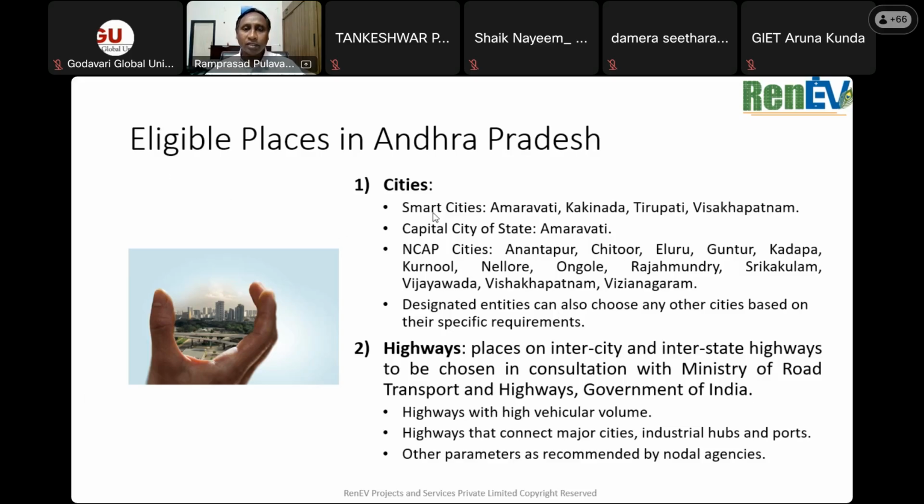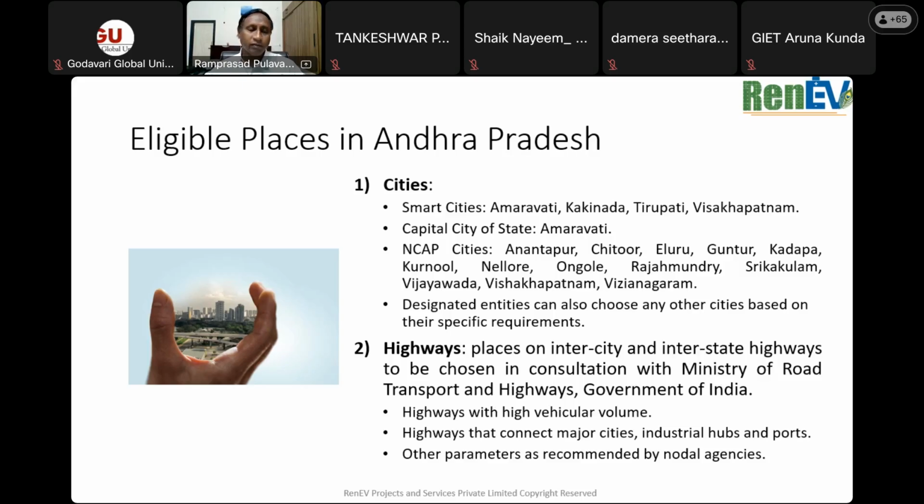Cities are over. Next is highways. Chargers can be placed on interstate highways to be chosen in consultation with MoRTH, which is the Ministry of Road Transport and Highways, Government of India. Their focus is to install on highways with high vehicular volume.